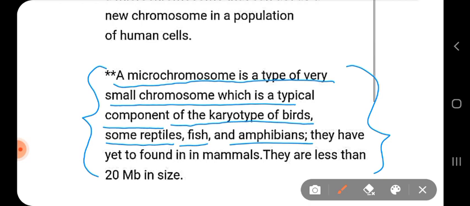Generally, microchromosomes are less than 20 MB in size. It is less than 20 megabase pairs in size.